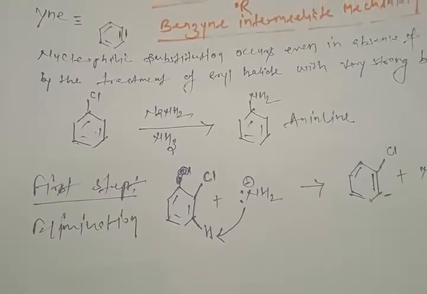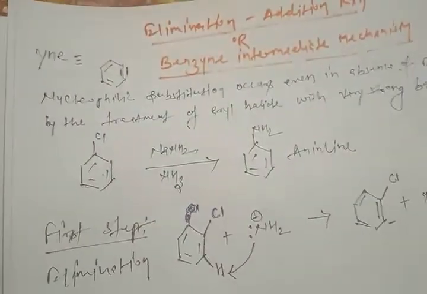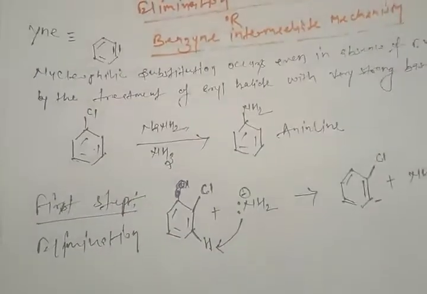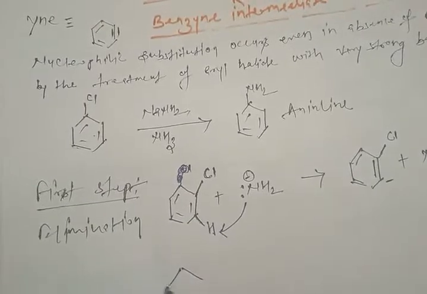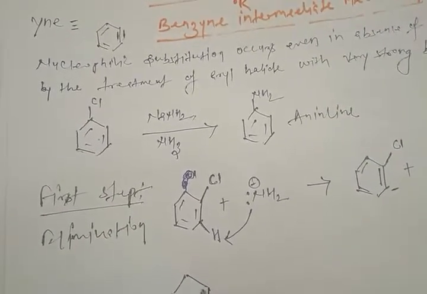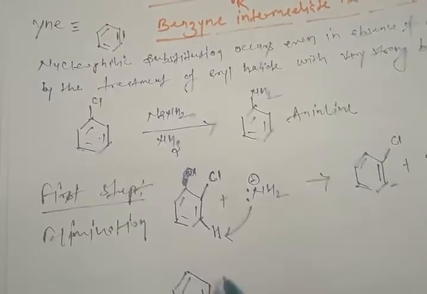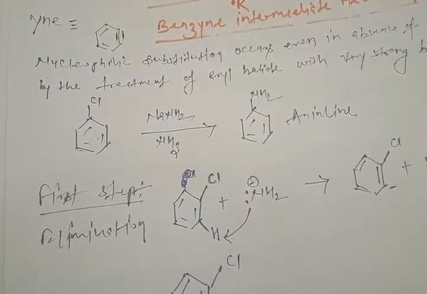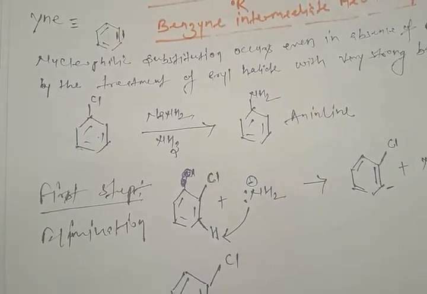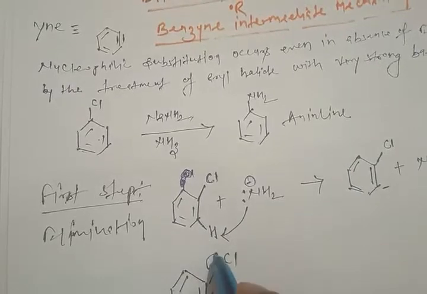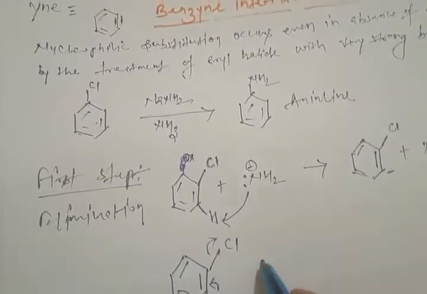And as I told you, this is a benzyne intermediate, so still we have no intermediate. So what will happen here? Here this is a negative charge, this is a pi bond, and this is the Cl. So this electron will go to this side, and certainly this will release the chloride ion.